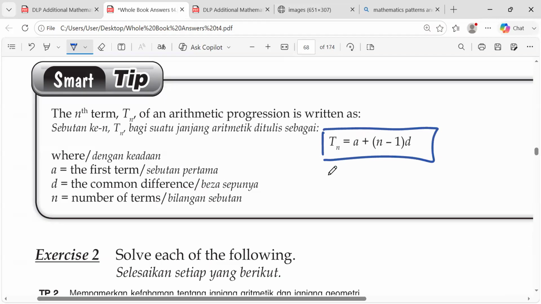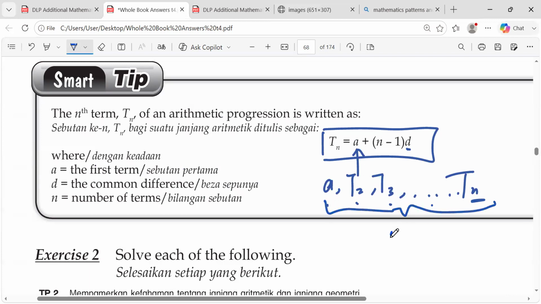Look at this: a is the first term, the initial term. n is the number of terms. d is the difference. T is the term: first, second, third, and so on until the nth term. n is how many terms there are, so from here until here there are n terms. d is the common difference.